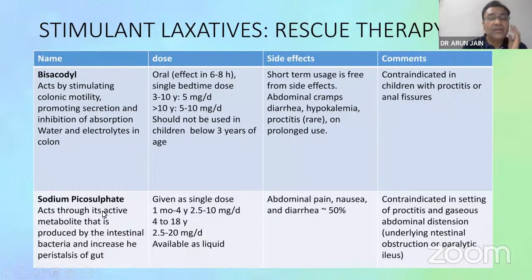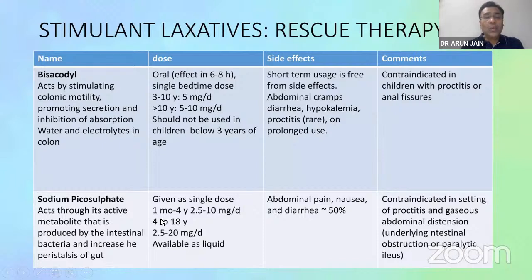Sodium picosulfate is normally used in our day-to-day practice for 3 to 5 days as a short-term therapy, and active metabolites are produced by the intestinal bacteria and increase the peristalsis of the gut.